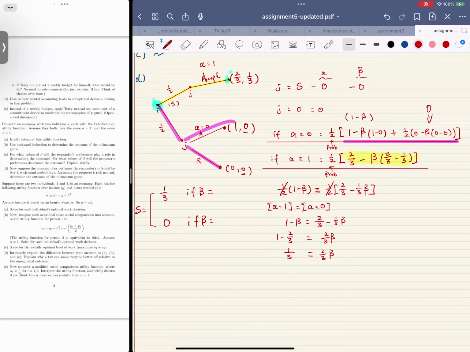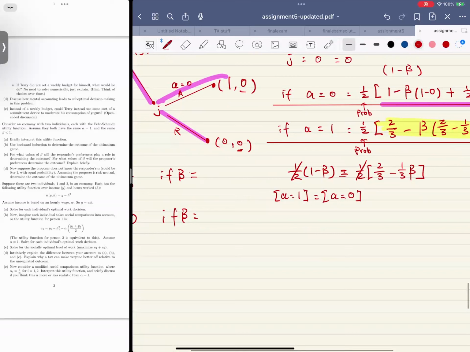Where did I screw up? Okay, this math is... as you can see, I can't even do simple distribution. Let me just do it.